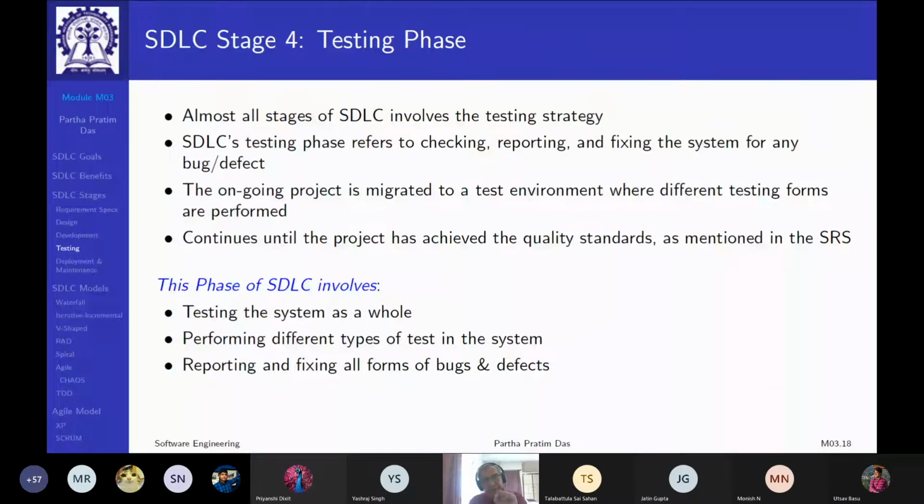You keep on doing that always. So testing is something that goes into every stage of SDLC in its proper form. But the stage 4 of testing is a formal activity where it refers to checking, reporting, and fixing the system for any bug or any defect.